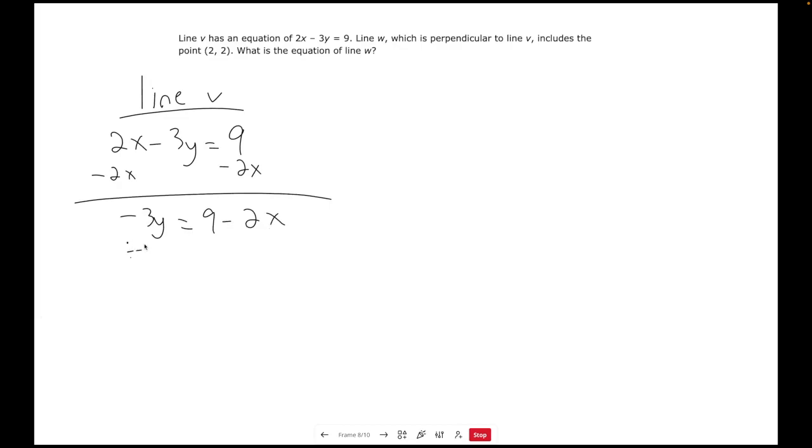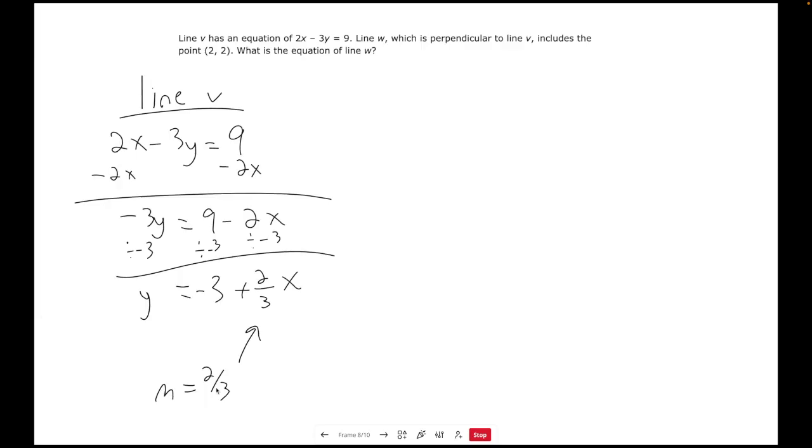Then we need to divide everything by -3. We end up with y equals -3 plus 2/3 x. And now that it's in y equals form, remember the number in front of the x is your slope, which means the slope of this is now 2/3.